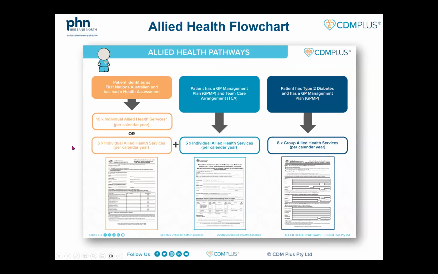So any of those are possible. Patients can actually be eligible for both. If they've got a chronic condition and type 2 diabetes, they can access the 5 and the 8 even if they didn't identify as First Nations. This is why we need flowcharts, because there are lots of different pathways and different ways that we'd do those referrals after a health assessment or care plan.